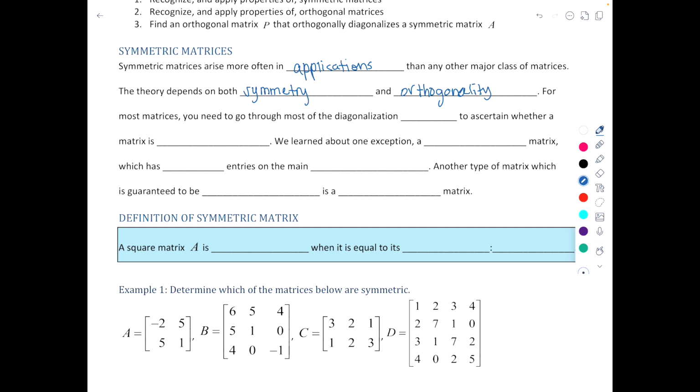For most matrices, you need to go through most of the diagonalization process to ascertain whether a matrix is diagonalizable. We learned about one exception, a triangular matrix, which has distinct entries on the main diagonal.